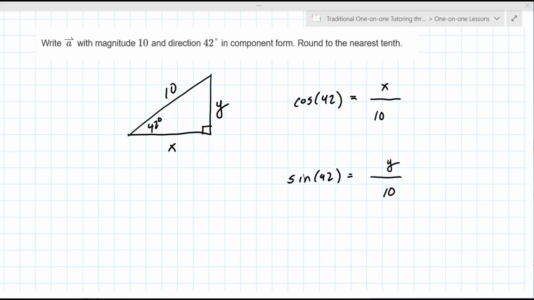So I did find the cosine and the sine, but do I need to plug them back into X and Y? No, how do you solve this first equation for X? We did this earlier today. You have to clear the 10, and then you have to clear the 10.